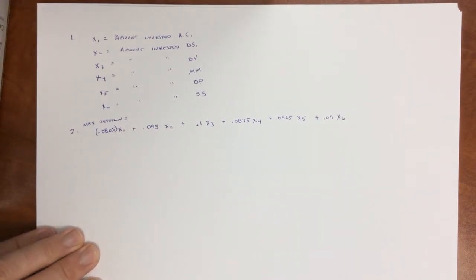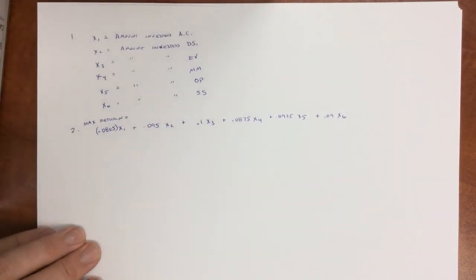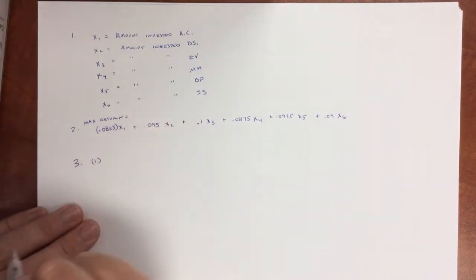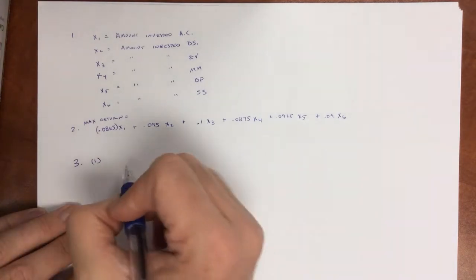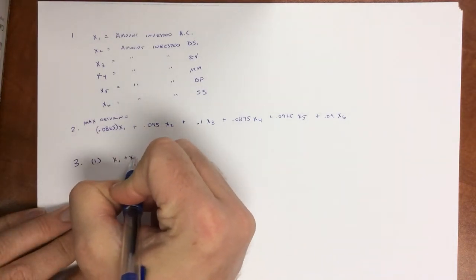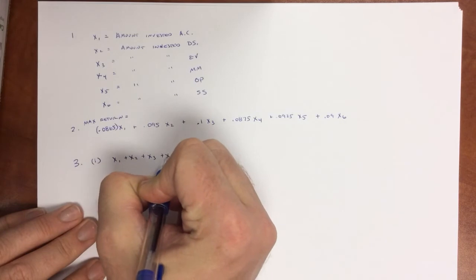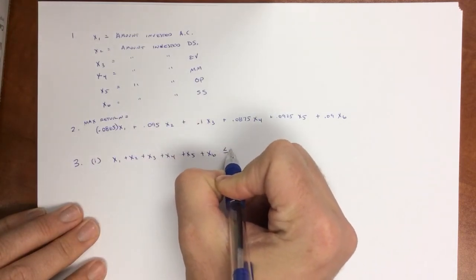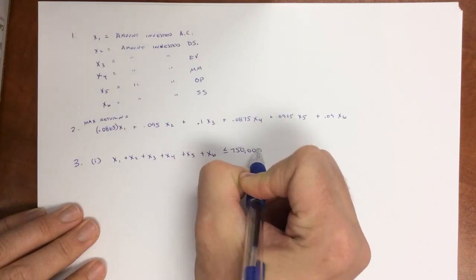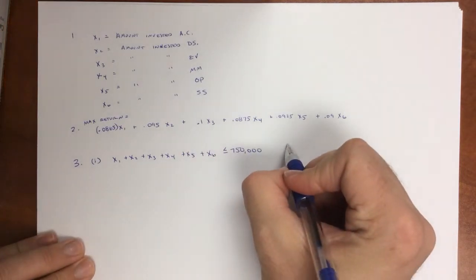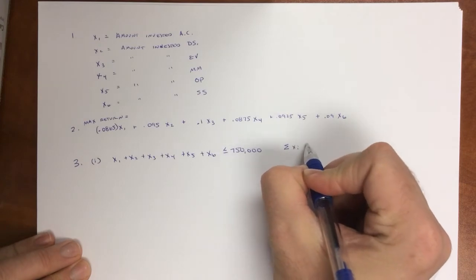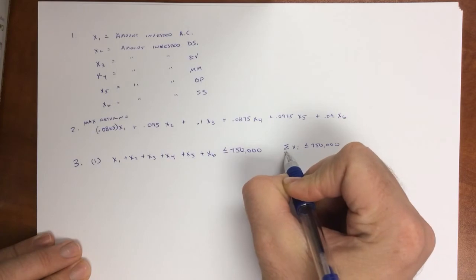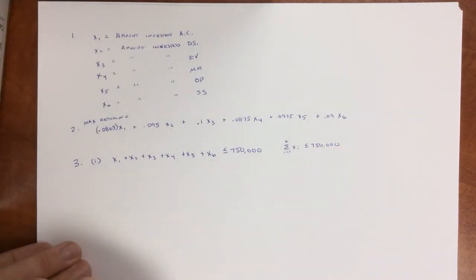But now there are constraints that we have. The first constraint is that we only have $750,000 to invest. So x1 plus x2 plus x3 plus x4 plus x5 plus x6 has to be less than or equal to $750,000. Another way to write this: the summation of xi is less than or equal to 750,000, where i equals 1 to 6.